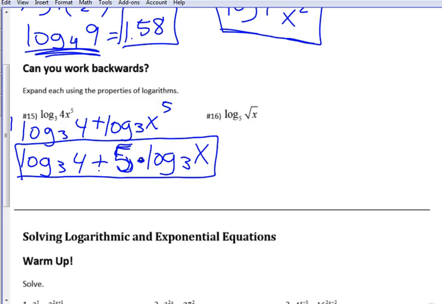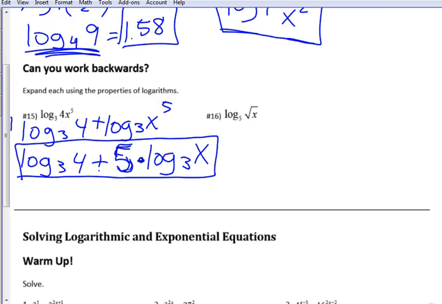What are you thinking? How could I rewrite the square root of x? Almost. You're on the right track, though. It's going to be an exponent. What exponent is the same thing as being a square root? 1/2. There you go. Remember doing that back in our radical section?